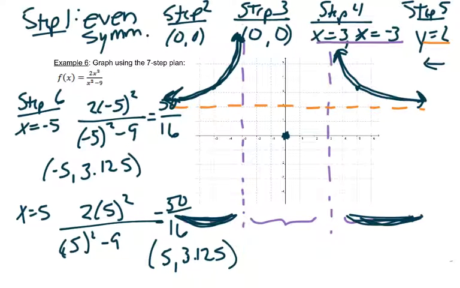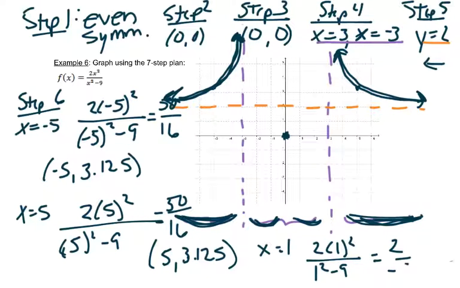So now let's talk about the middle. I need to know what's going on the left and on the right of the 0. So I want to choose an x value on either side. So let's choose 1 first. If I stick 1 in here, two times 1 squared is 2, and 1 squared minus 9 is negative 8.